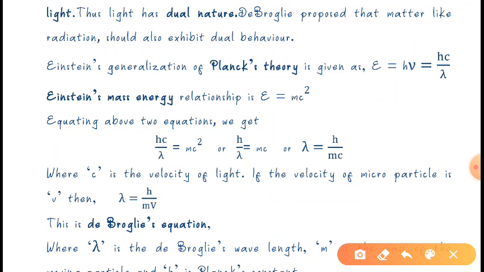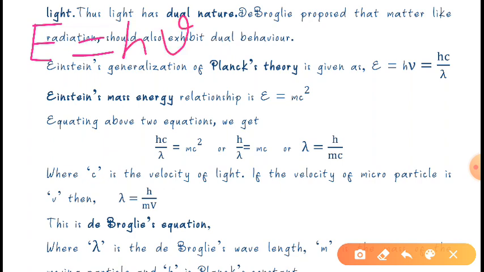Now, how we will derive this de Broglie equation by taking the help of Planck's quantum theory, or Planck's equation, and the Einstein mass energy relationship. In Planck's quantum theory, what he says is E is equal to h mu.